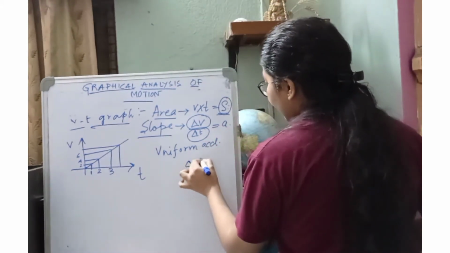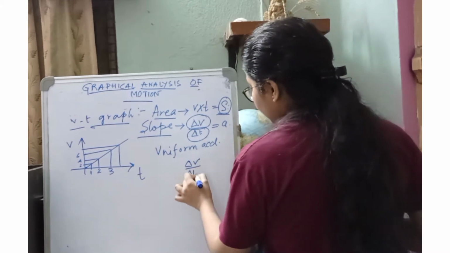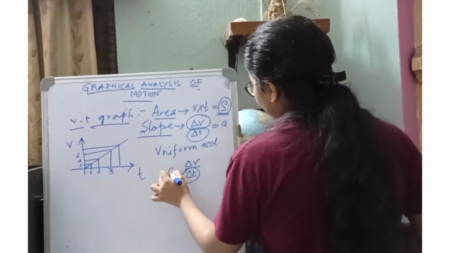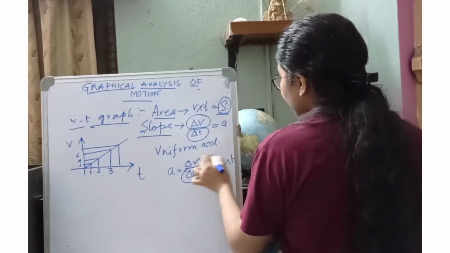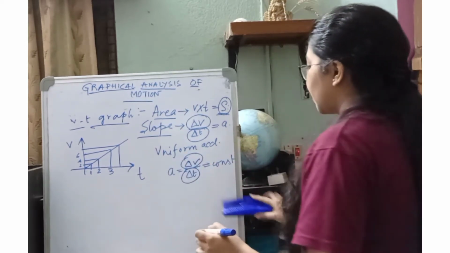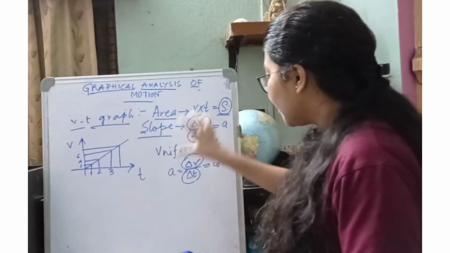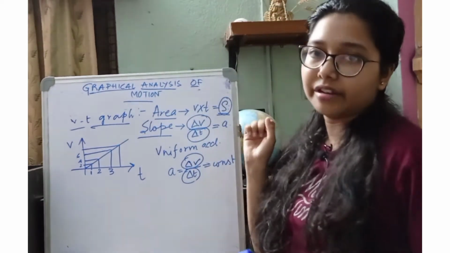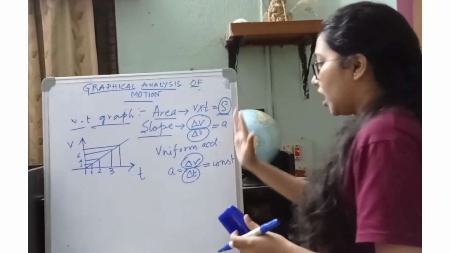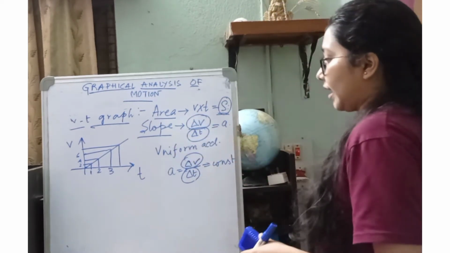V is increasing, there is a delta V for the same interval of time, but the gap of increase remains the same, which makes it uniform acceleration or constant acceleration.